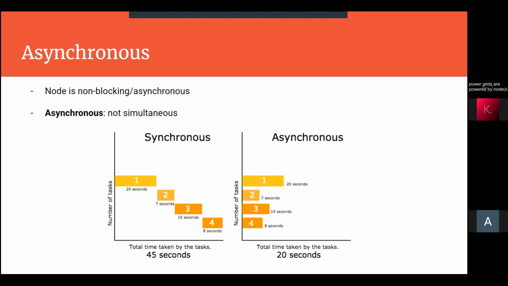However, doing tasks asynchronously can lead to a significant decrease in the time needed to finish all the tasks. If all tasks start at the same time, they would all finish in the time it takes the longest task to finish, which in this case, task 1, is 20 seconds. So this is the limiting task in asynchronous.